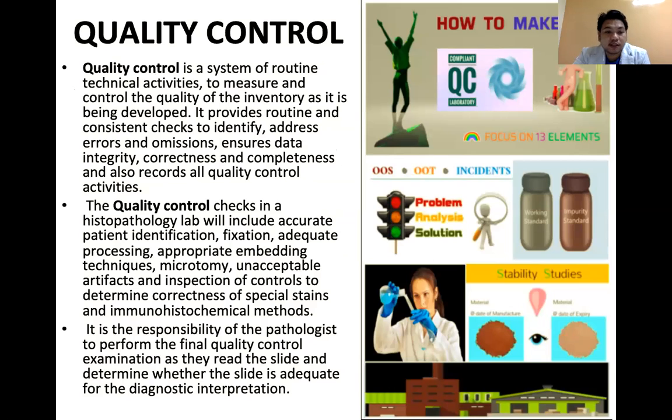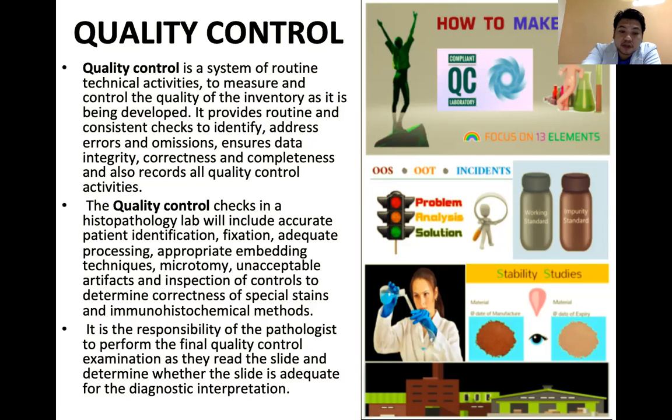Quality control checks in the histopath lab will include accurate patient identification, fixation, adequate processing, appropriate embedding techniques, microtomy, unacceptable artifacts, and inspection of control to determine correctness of special stains and immunohistochemical methods.